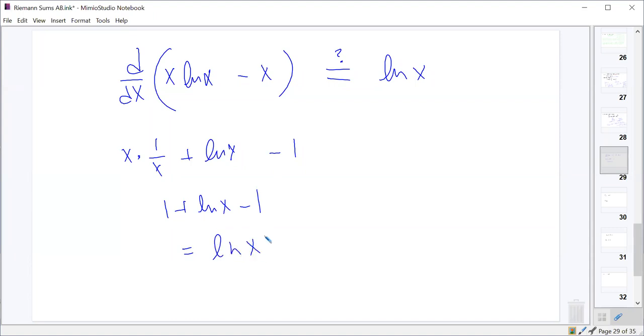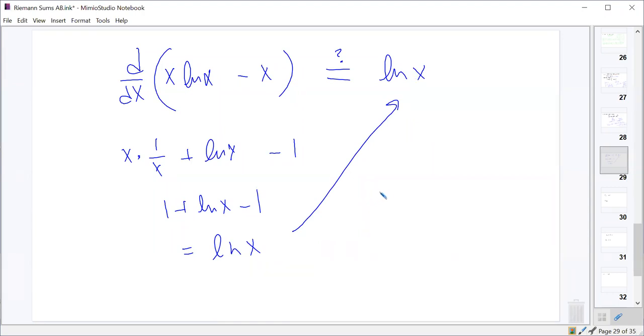So almost every single function that exists, there is a specific function that represents the integral of that function, that represents the area underneath the curve of natural log of x.